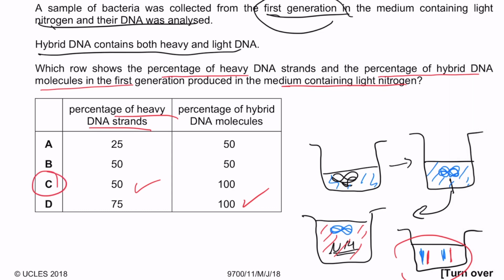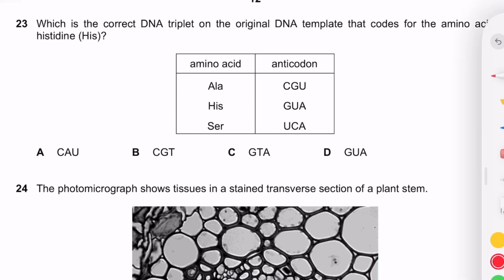Okay, moving on. Now, which is correct? The correct DNA triplet on the original DNA template that codes for the amino acid histidine. So histidine over here shows me the anticodon. Now this is a nice trick.